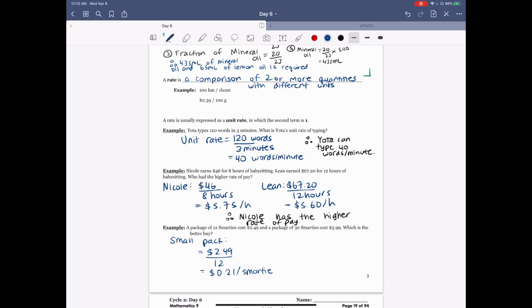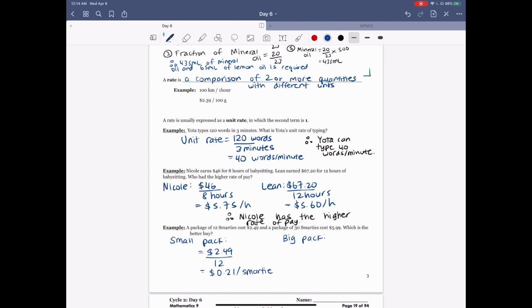So unit rate, hopefully you're finding it somewhat simple. Main idea is that remembering that when it says unit rate, you're always getting in terms of per one thing, okay? The next part, large pack or the big pack. You're going to do what divided by what? Well, also keep in mind, how do you know what goes in the numerator versus the denominator?